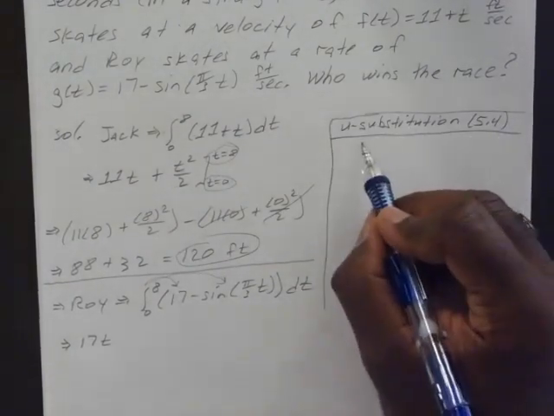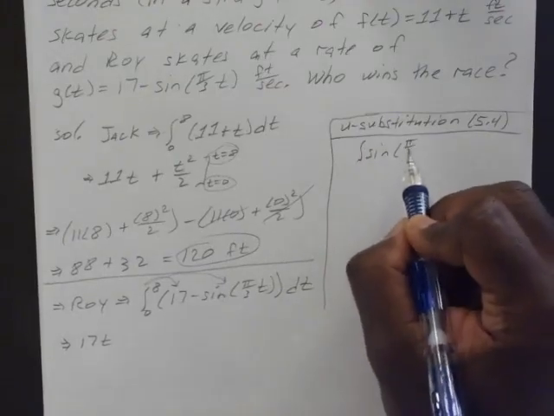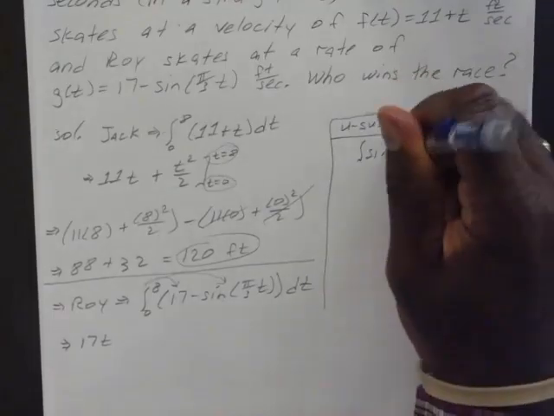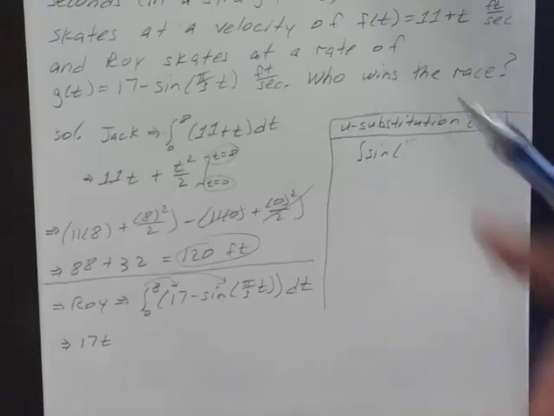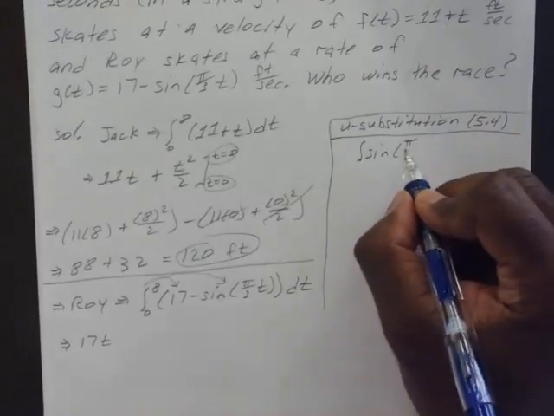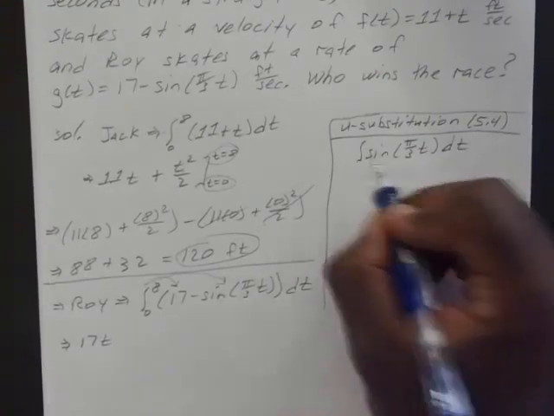So we're going to take the integral of sine of pi over 3. So let's make that a little clearer. Times t with respect to t.